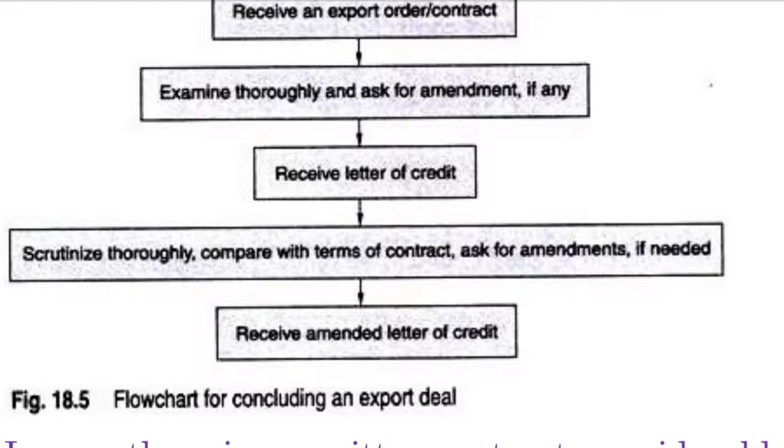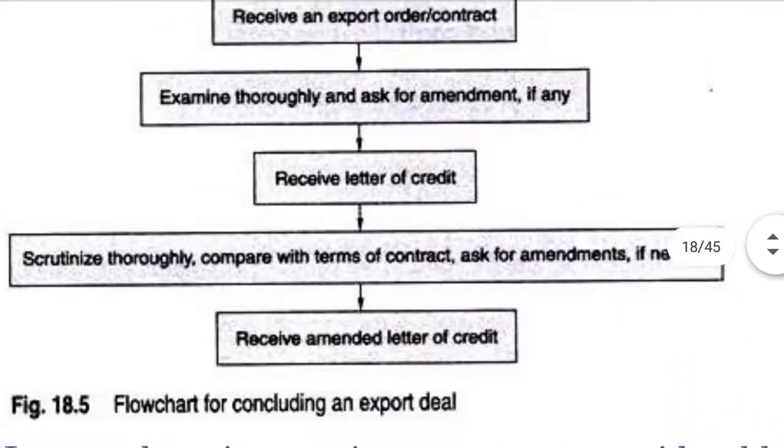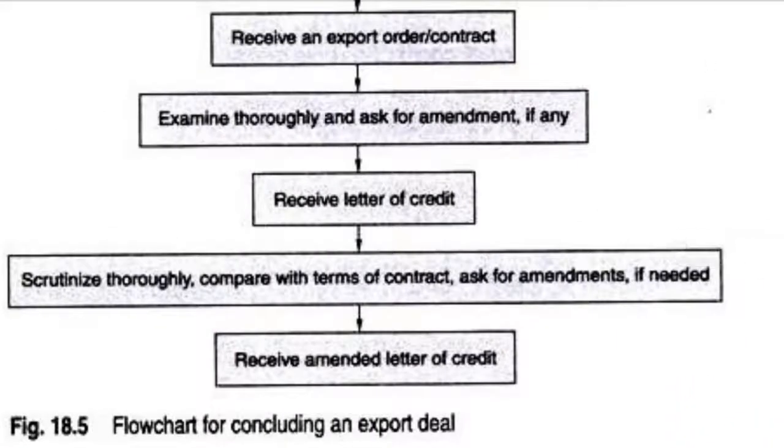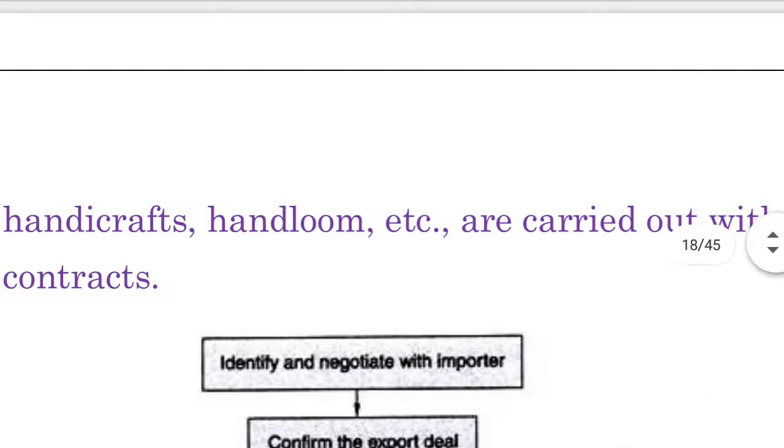What is the time duration given in the LC? If you do not fulfill it, then it will be a problem. So compare the terms and conditions with the contract, and receive and pay the letter of credit. So this is the flow chart where we can understand how we can proceed.